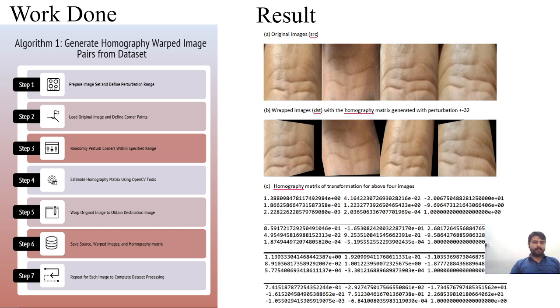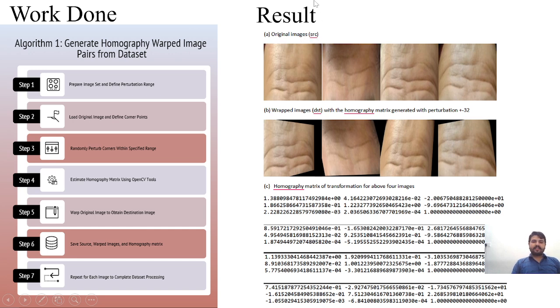Next, I explain the work that I have done during this internship period. In the first algorithm, I prepared the dataset for training the various kinds of models. Initially, I have the dataset which contains forehead images like these, original images, called SRC images.